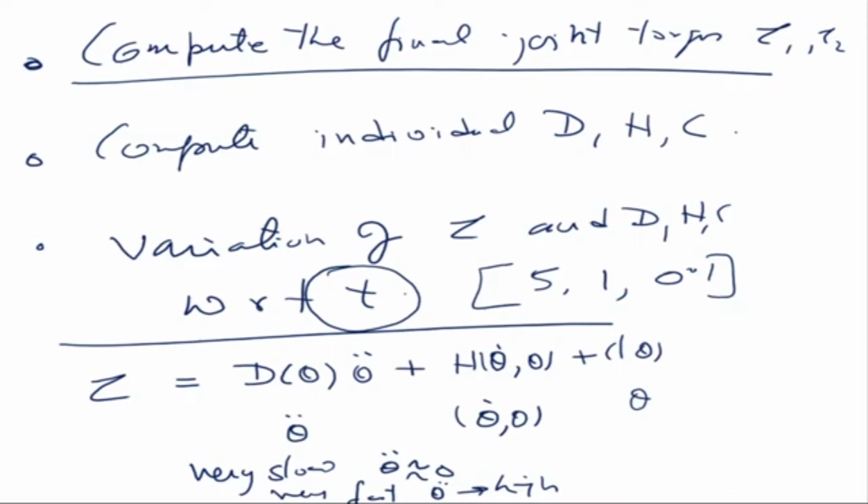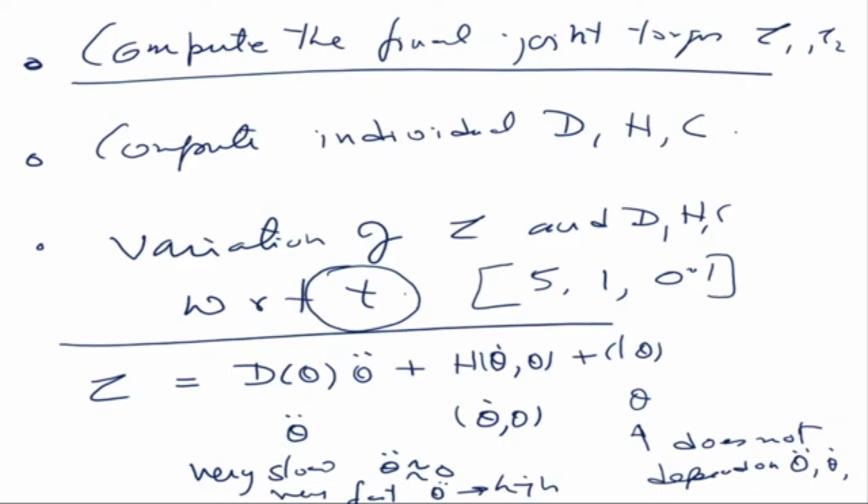Now we see that gravity does not depend on velocity and acceleration, so the gravity component will more or less remain constant. It does not depend on theta double dot and theta dot. So gravity is constant.